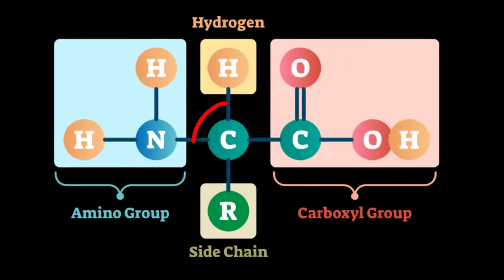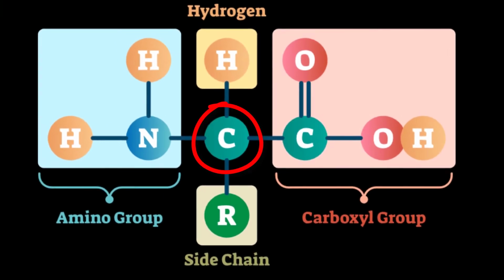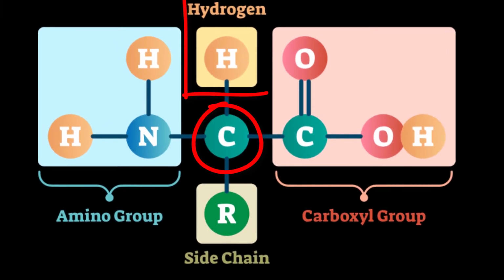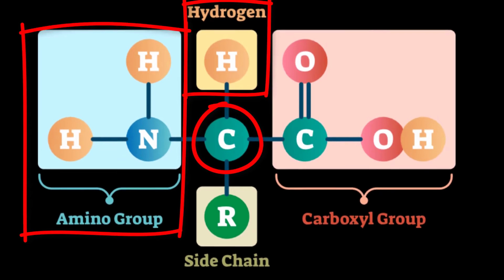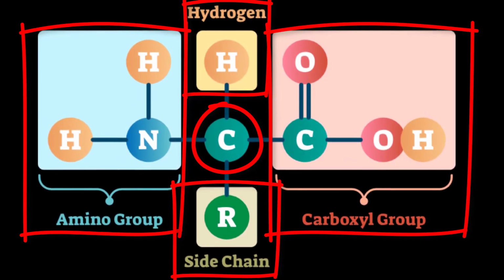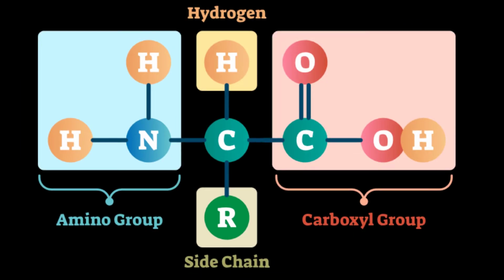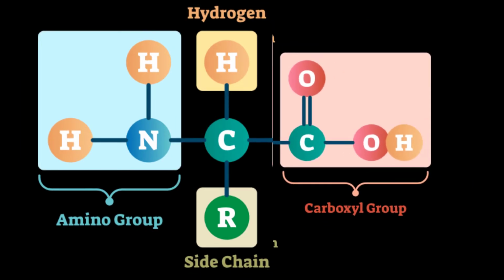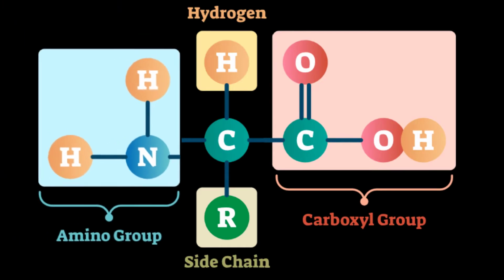All consist of a central carbon atom to which all of the following are bonded: a hydrogen atom, an alkaline amino group, an acidic carboxyl group, and a variable group. All amino acids contain an acidic carboxyl group and a basic amino group.